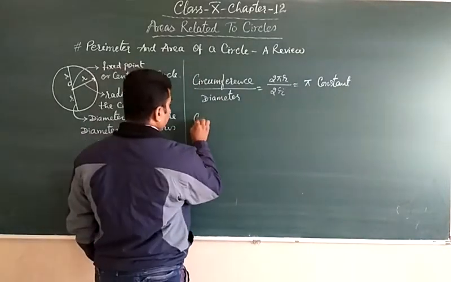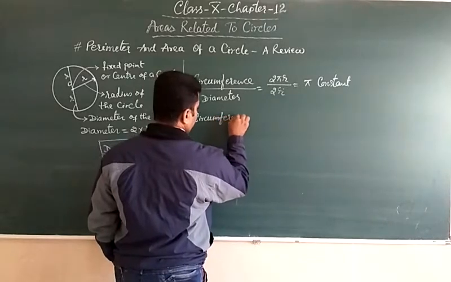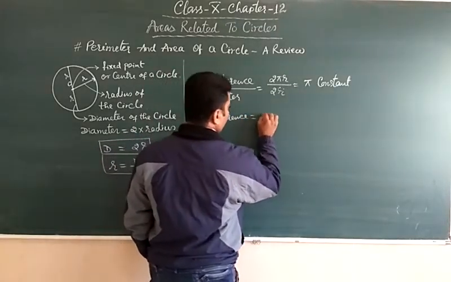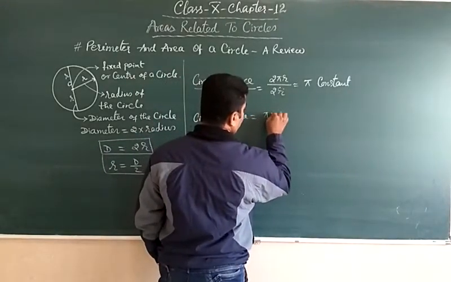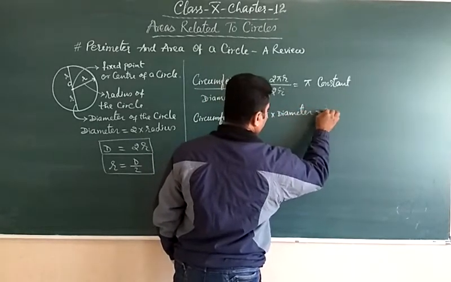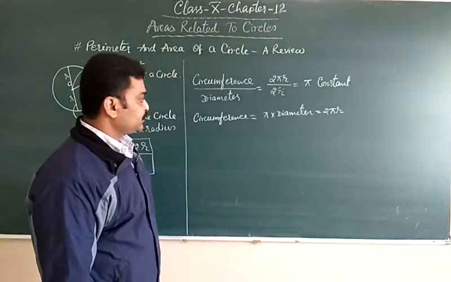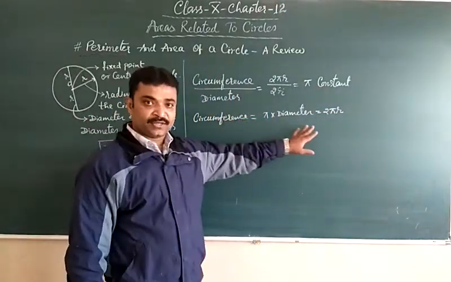So circumference is equal to pi into diameter, or 2 pi r. Clear? Circumference is equal to 2 pi r.